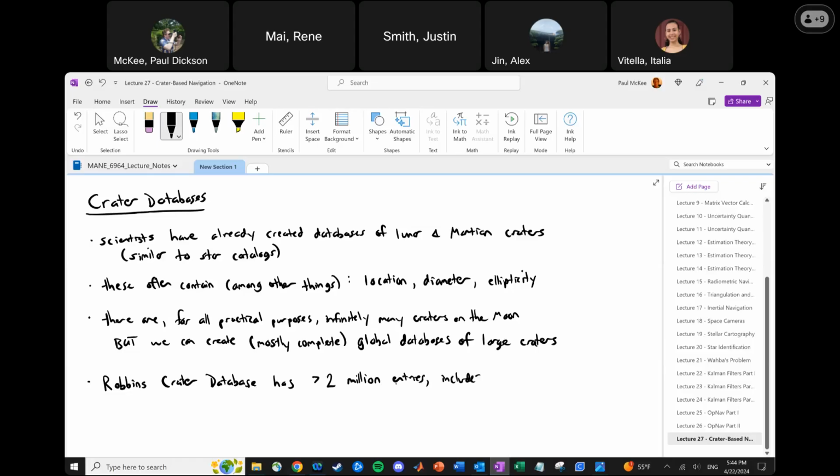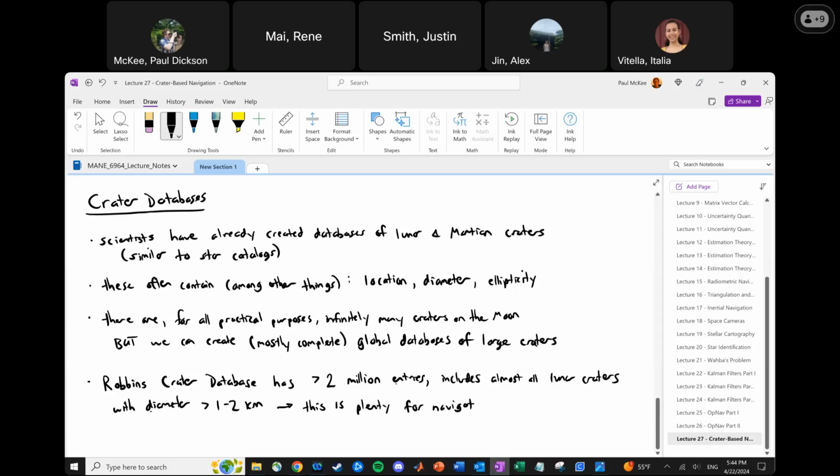It includes almost all lunar craters with diameter greater than 1 to 2 kilometers. And I should say this is plenty for navigators.